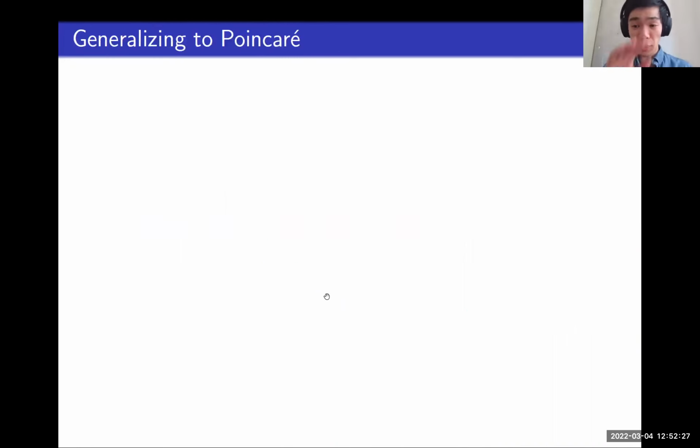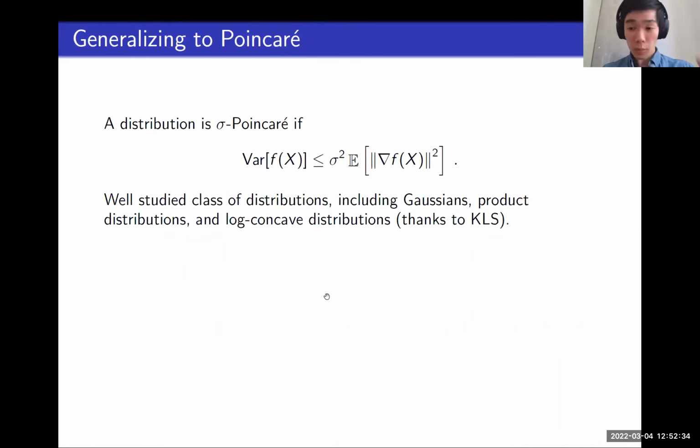First, at the beginning, I mentioned the generalization to translates of an arbitrary Poincare distribution. As a definition, a Poincare distribution satisfies the following inequality: for any function f, its variance is bounded by some constant, which will be 1 here, times the expectation of the gradient squared.